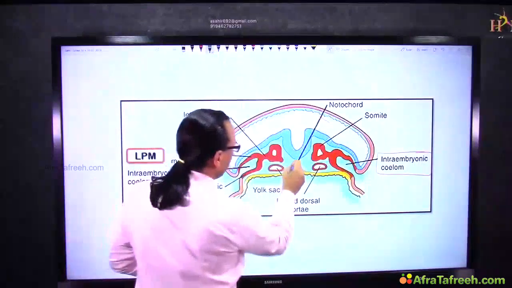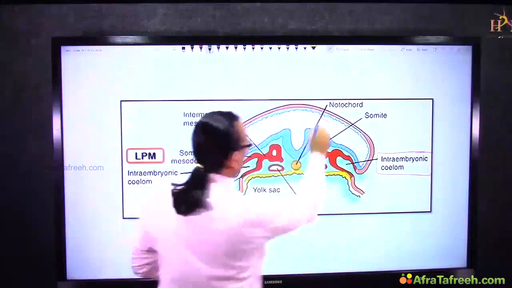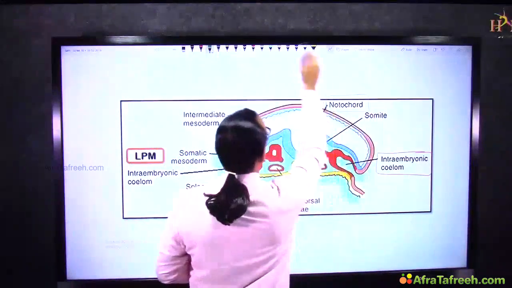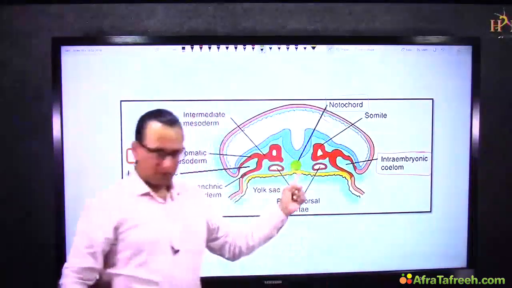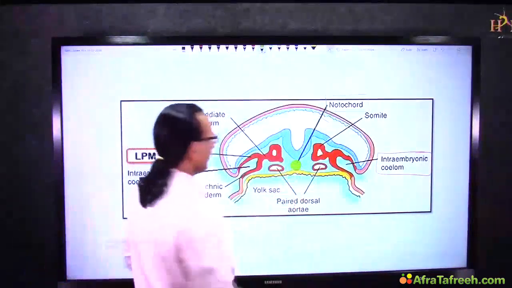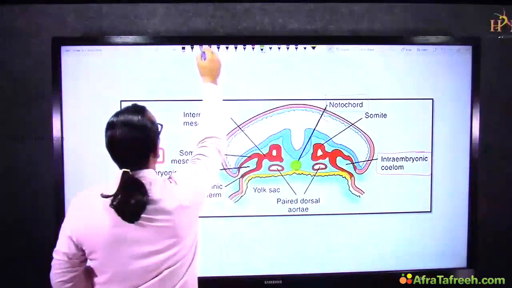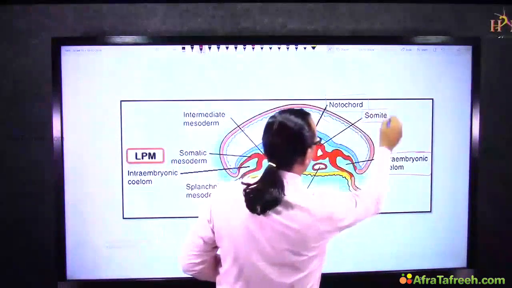You see, this is the axial mesoderm, the notochord. Now if you say this is the axial mesoderm or notochord, there is a paraxial mesoderm which is going to form what are called somites.